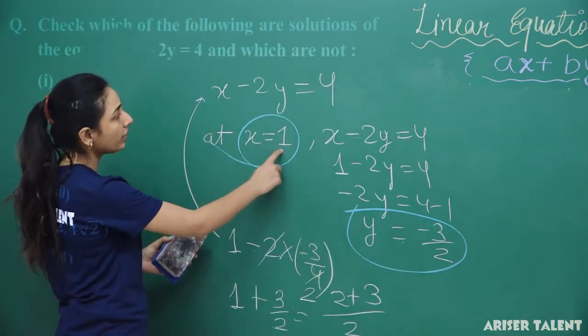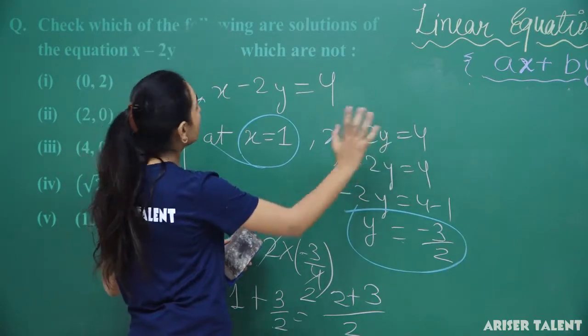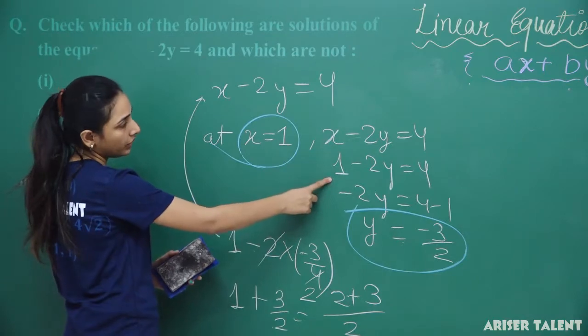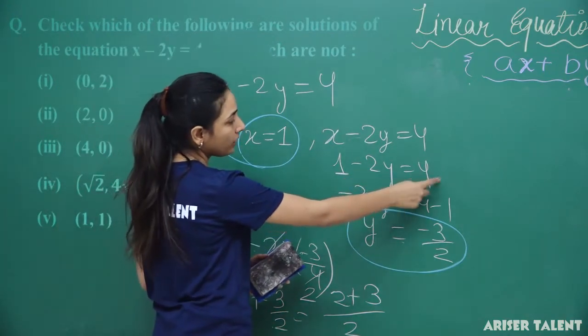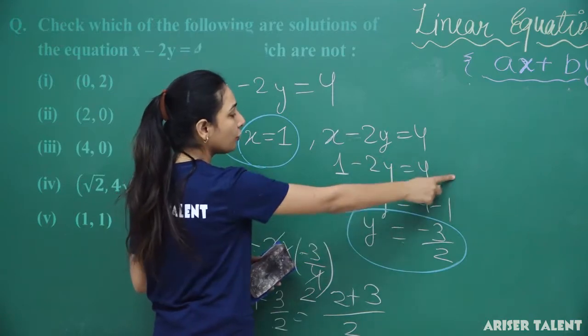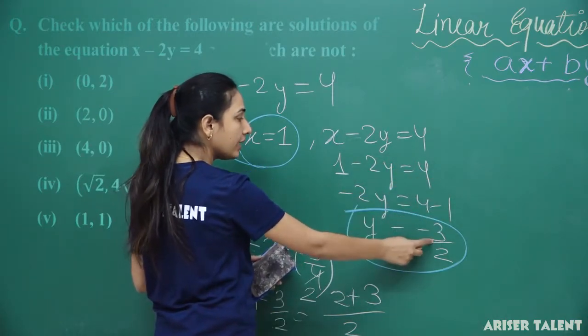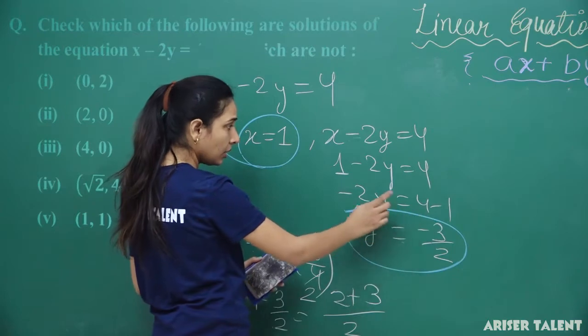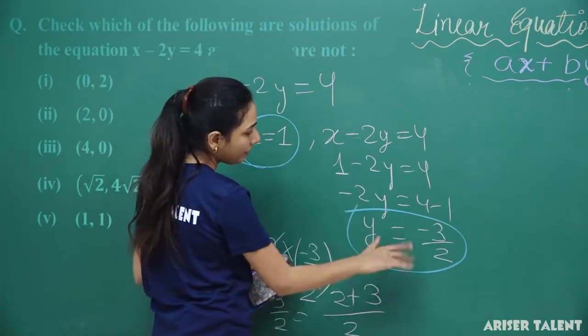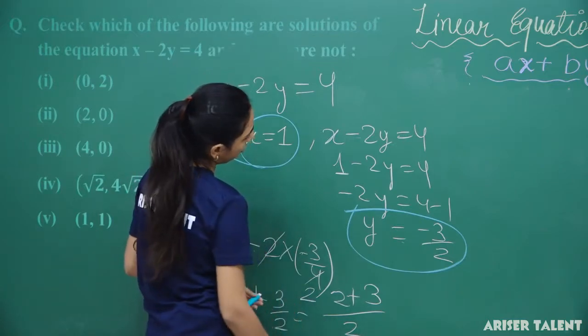At x equals 1, x minus 2y equals 4, right? Yes. Okay. So, at x equal to 1, 1 minus 2y equals 4. So, y will be 4 minus 1. That will be 3. Okay. So, y will be 3 divided by 2. Okay. So, this is right.